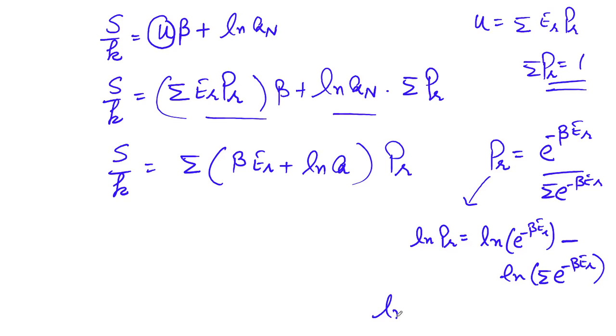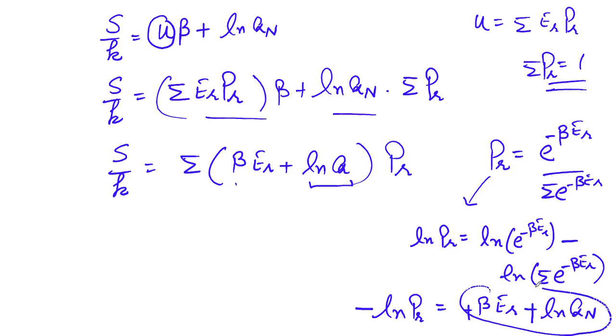So log of PR is equal to minus beta ER minus log of Qn. If I keep this minus sign on the left-hand side, this comes out to be beta ER plus log of Q. So this is the same equation, beta ER plus log of Q.